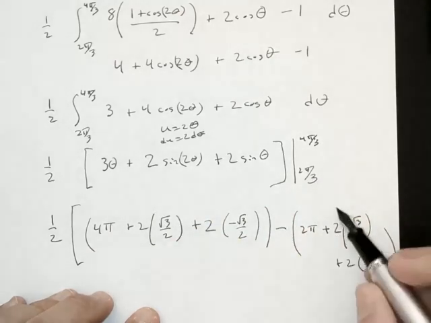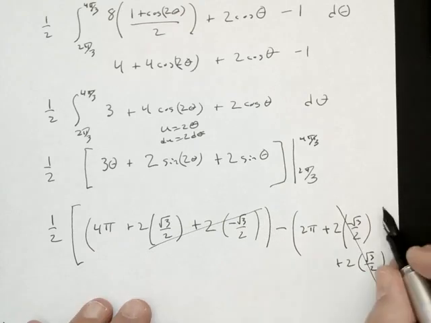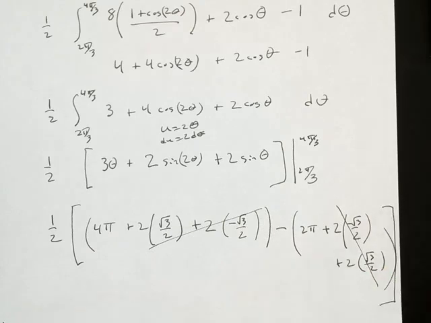Wait a minute, that's negative, that's positive. Those cancel, those cancel. What's left inside? 2 pi. The area in that crescent shape is exactly pi.